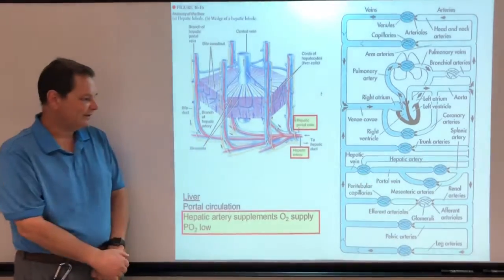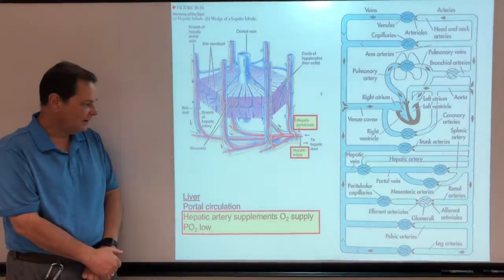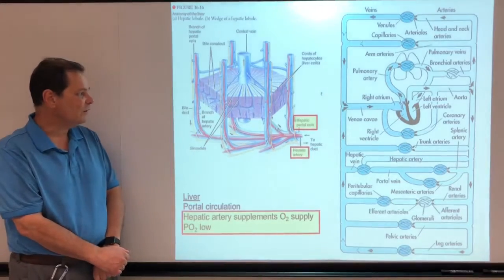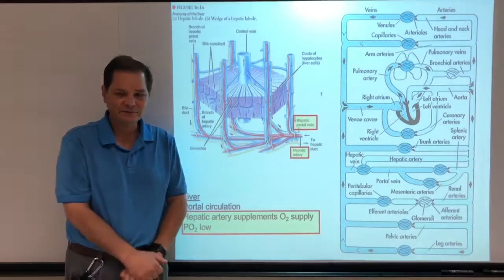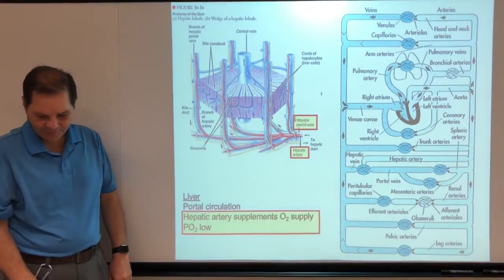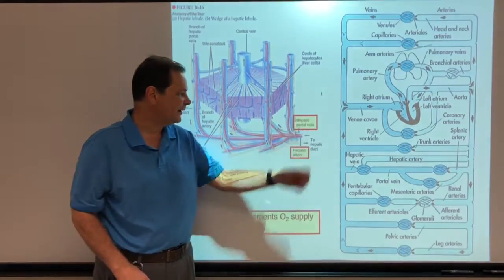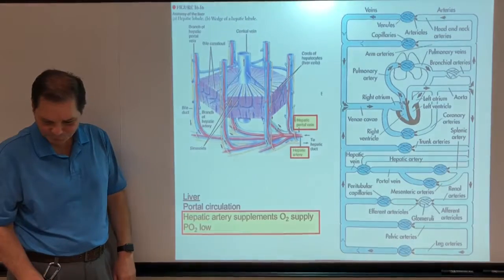And so the oxygen is still relatively low when you perfuse the liver. Not that it doesn't get enough oxygen, it does, okay? It's just something to bear in mind, the fact that you're supplementing it with this artery.